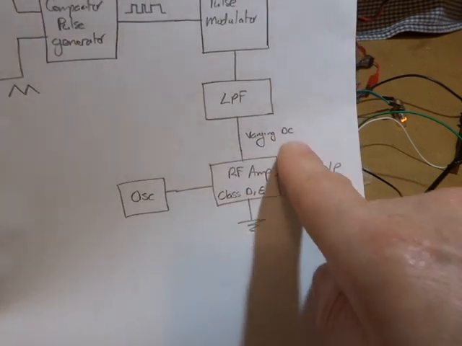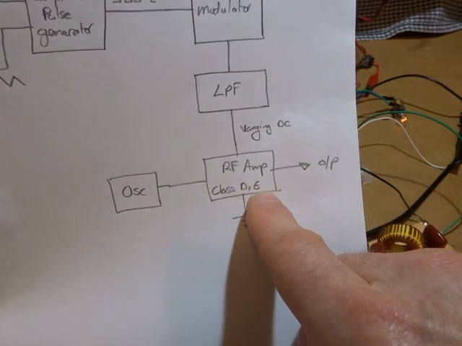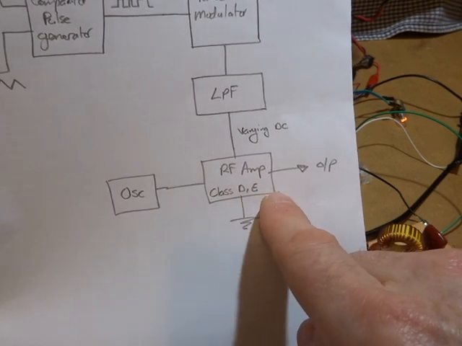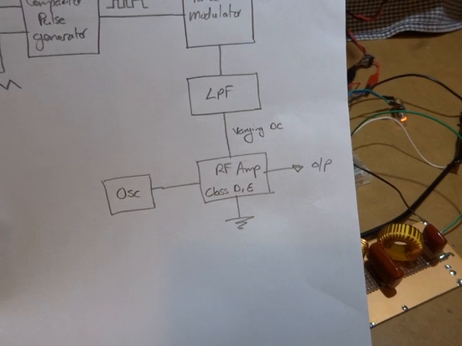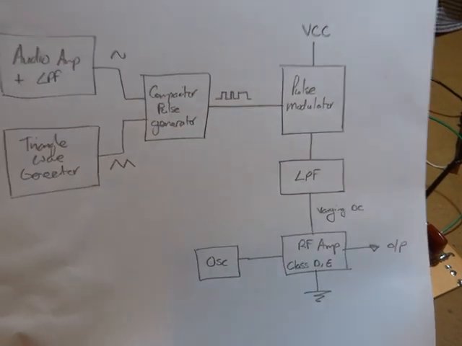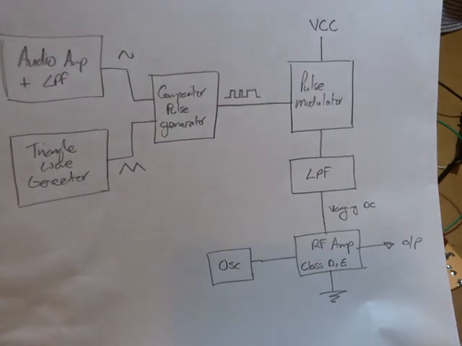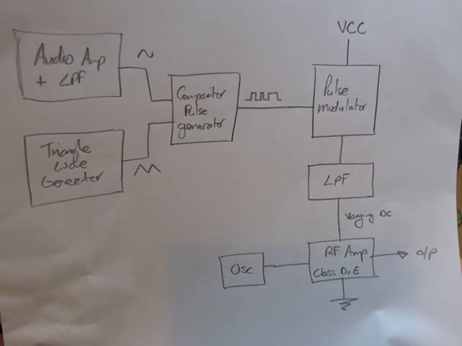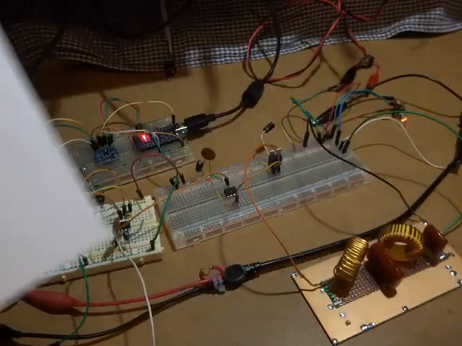I do want to play around with Class D or E, just for the high efficiency. So that'll be the next step, and then hopefully get a transmitter up and running, and then slowly work on the receiver.